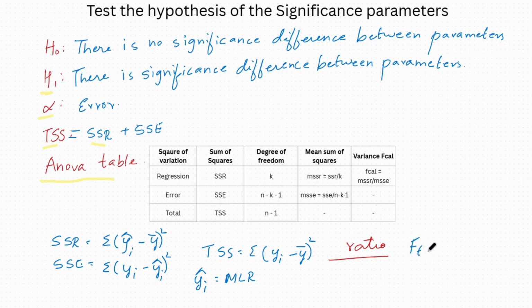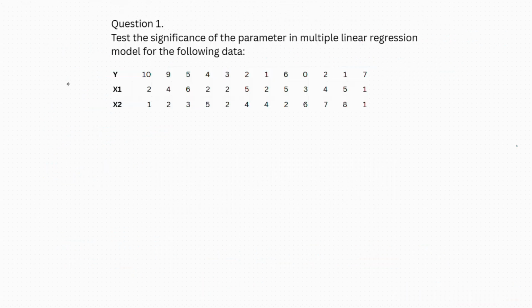F tab is nothing but F of k comma n minus k minus 1. Here k is the degree of freedom. In this question we are asked to test the significance of the parameters in multilinear regression.